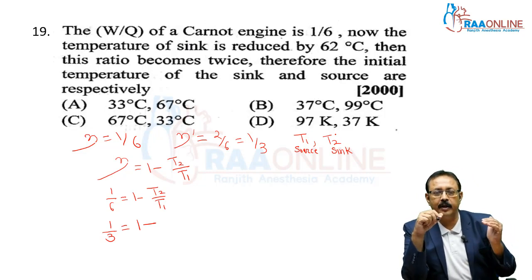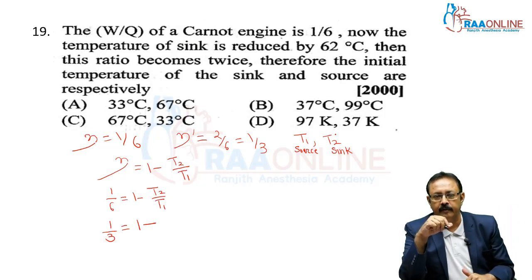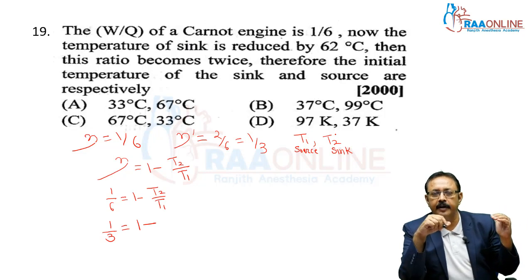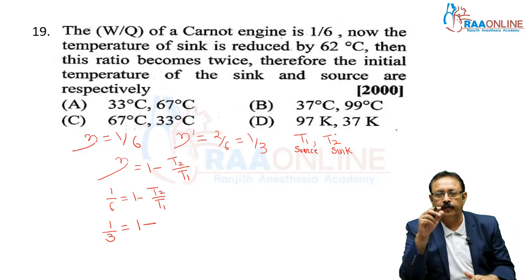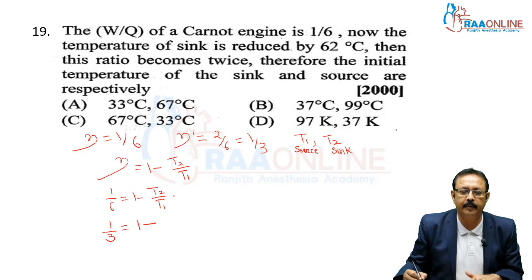It means if I am reducing the temperature by 62 degrees centigrade, we can also say we are reducing the temperature by 62 Kelvin. I told you initially that the change for both Kelvin and Celsius scales is the same. So we reduce the temperature of the sink by 62 Kelvin.